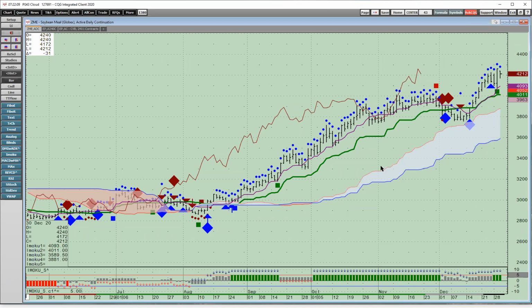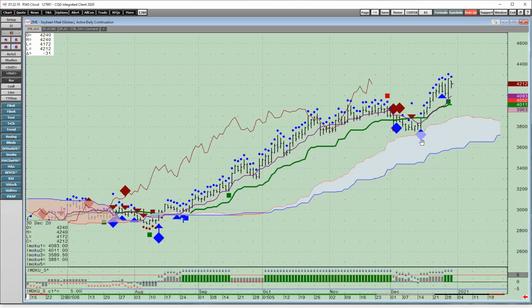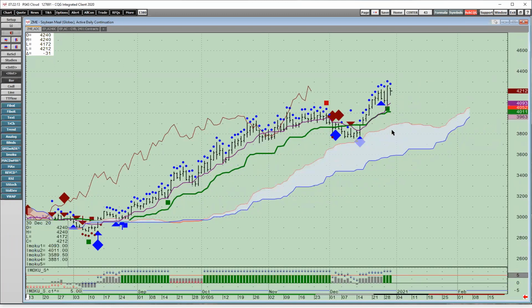And again, the reason that is done is because, as we can see here, the cloud is displayed forward from where the market's trading right now. Now, the last of the lines, just for definition, is called Chikou, or the lagger. What it really is, is a line chart of the closes displayed 26 bars back.